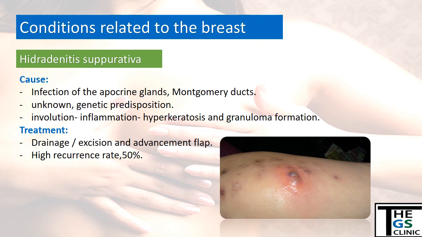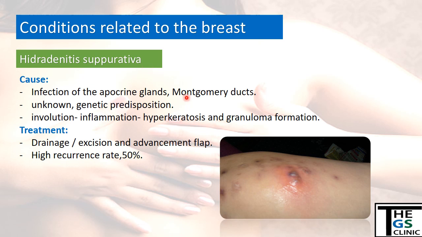So there are some conditions that might happen in the breast, but actually they are not related to the breast tissue. These can happen anywhere else in the body. We just want to mention them because you may find them in the breast. This condition is not in the breast tissue, but it's related to the breast as it's part of the body.